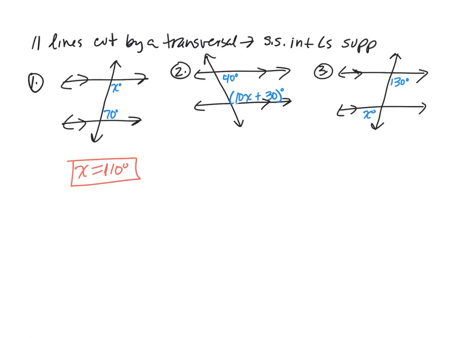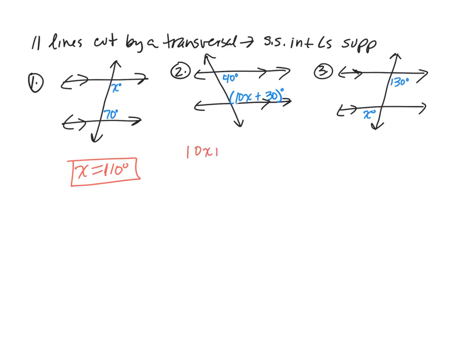And number 2, again, we have parallel lines being cut by a transversal. This pair of same side interior angles is supplementary. So 10x plus 30 degrees is the supplement of this 40 degree angle. The supplement of a 40 degree angle is 140 degrees.